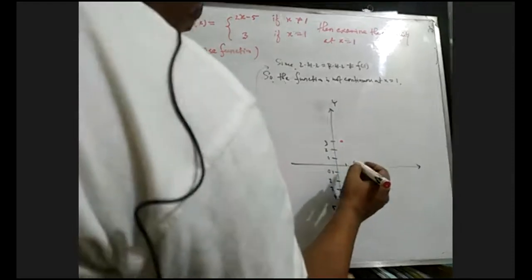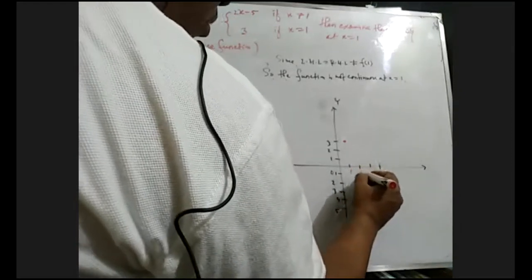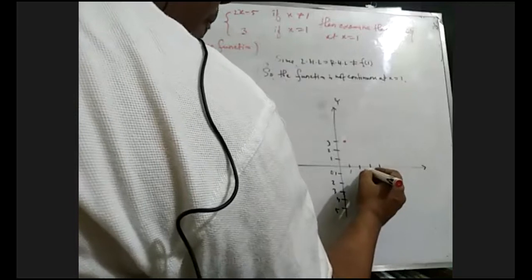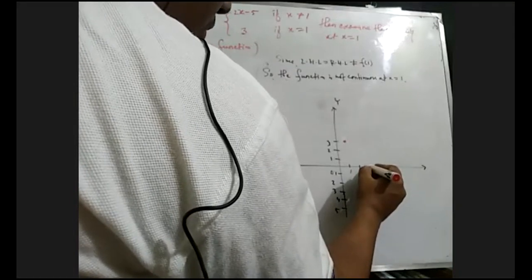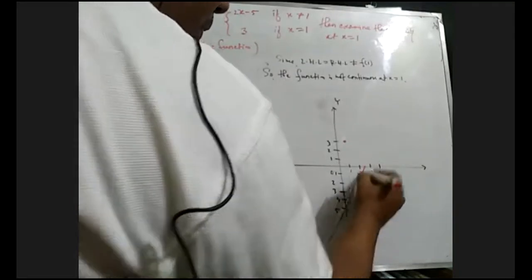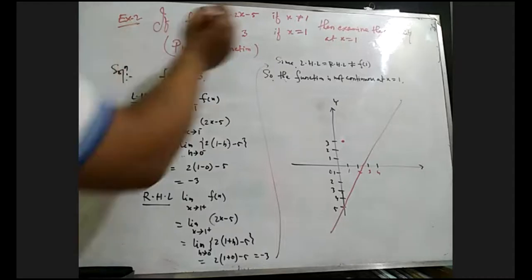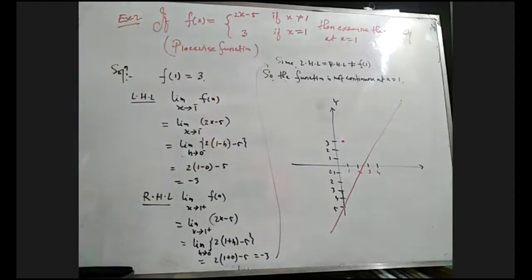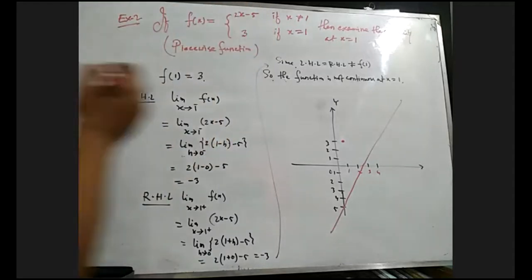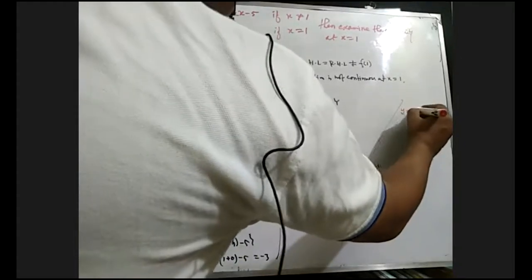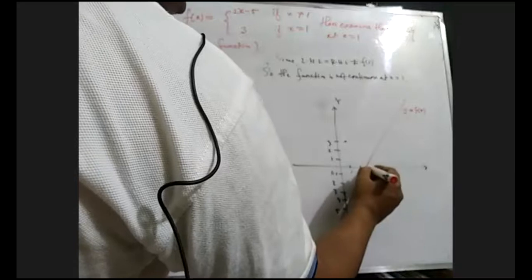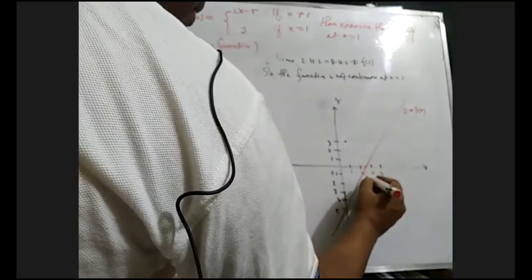This is the graph of 2x minus 5. For every input of x, we get the value of f. So this will be the function. And this value is the intersection point 5 by 2.